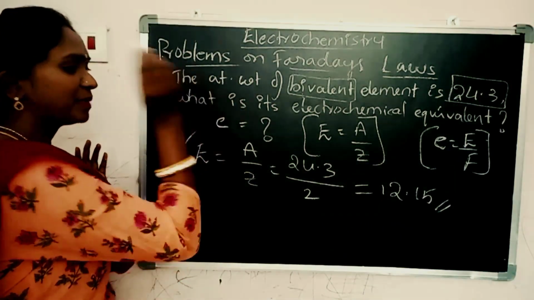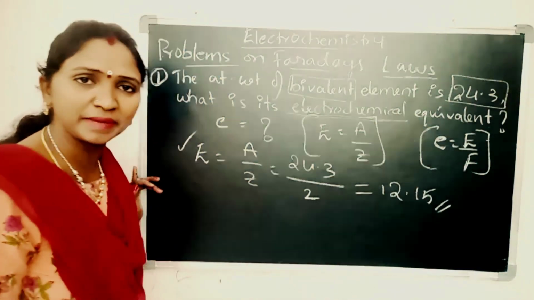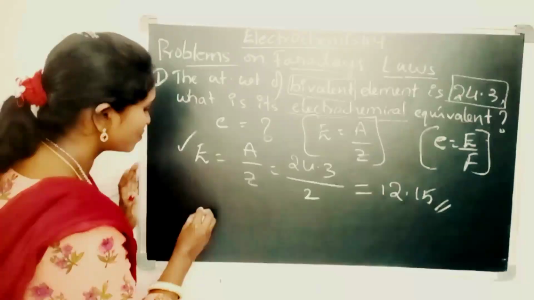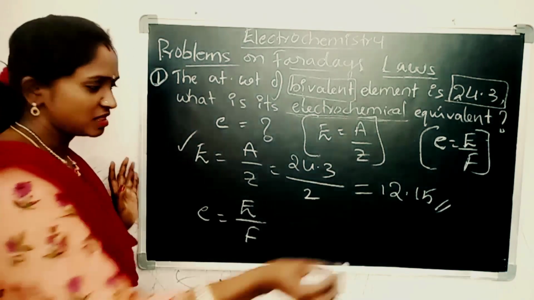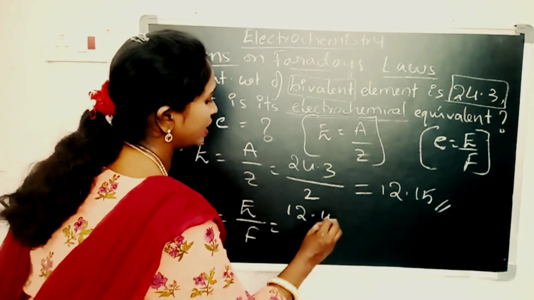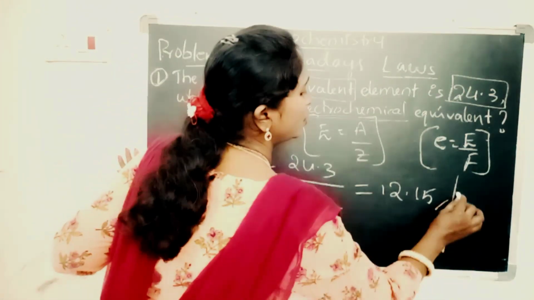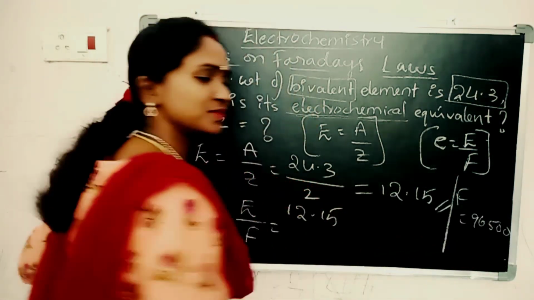This is only the value of capital E, but they are asking to calculate the electrochemical equivalent. So small e equal to capital E by F. What is capital E? 12.15. We know F equal to 96,500 coulombs.